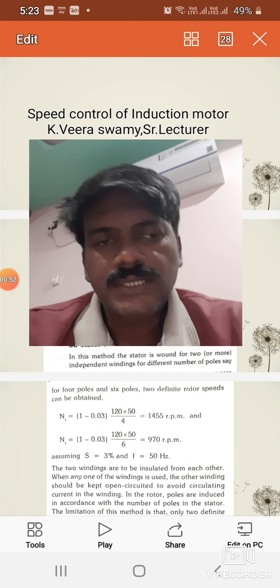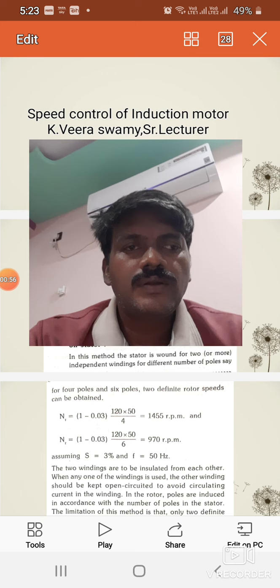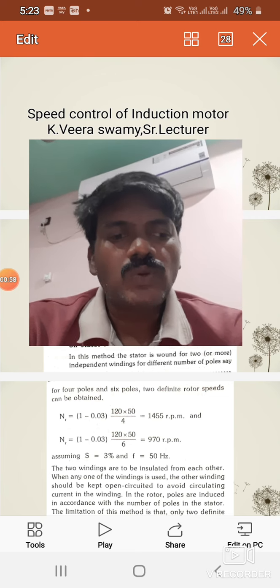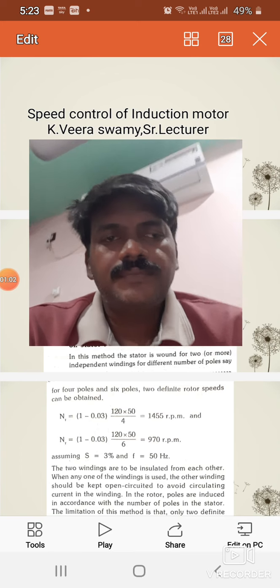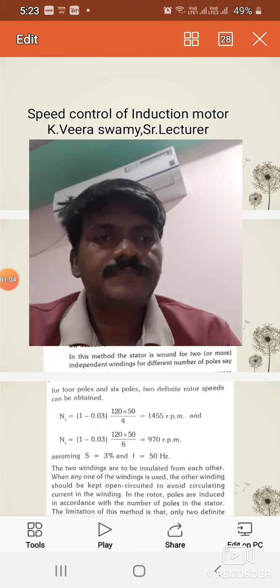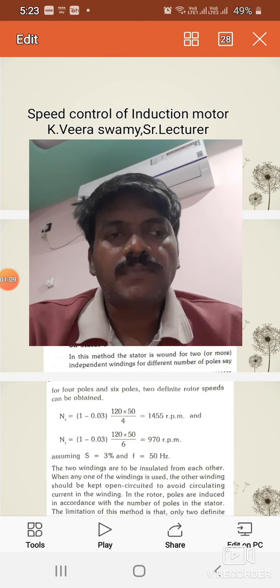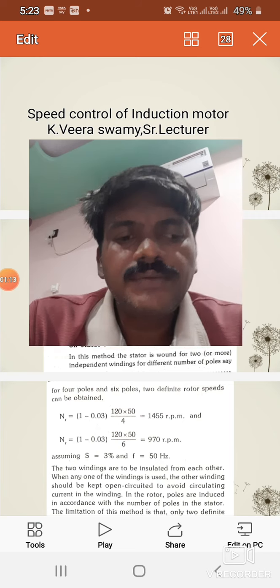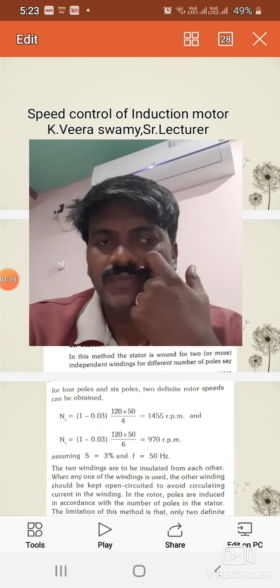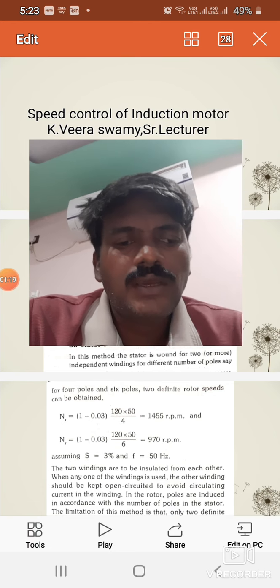So we have discussed various types of speed control, right? That is the stator side and rotor side. In case of the stator side, we have by changing the supply voltage, by changing the supply frequency, by changing the number of stator poles, right? These are 3 methods from the stator side.